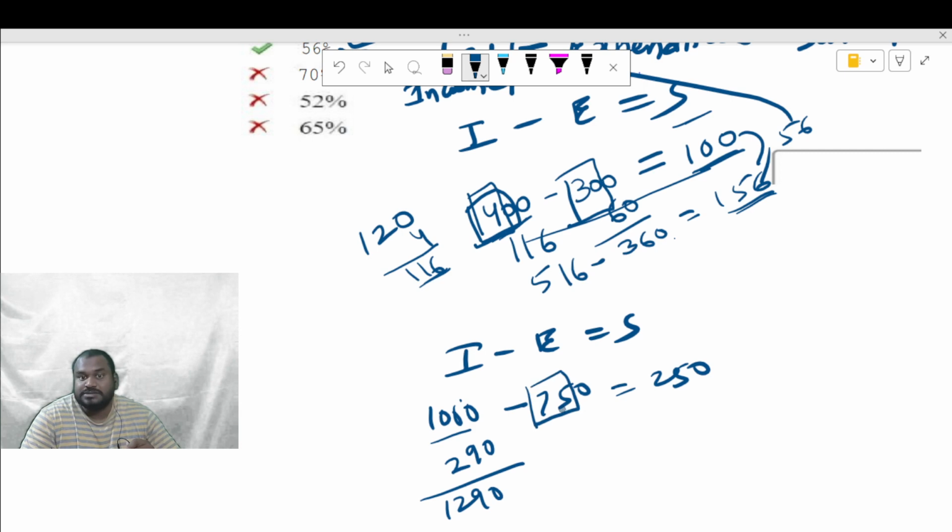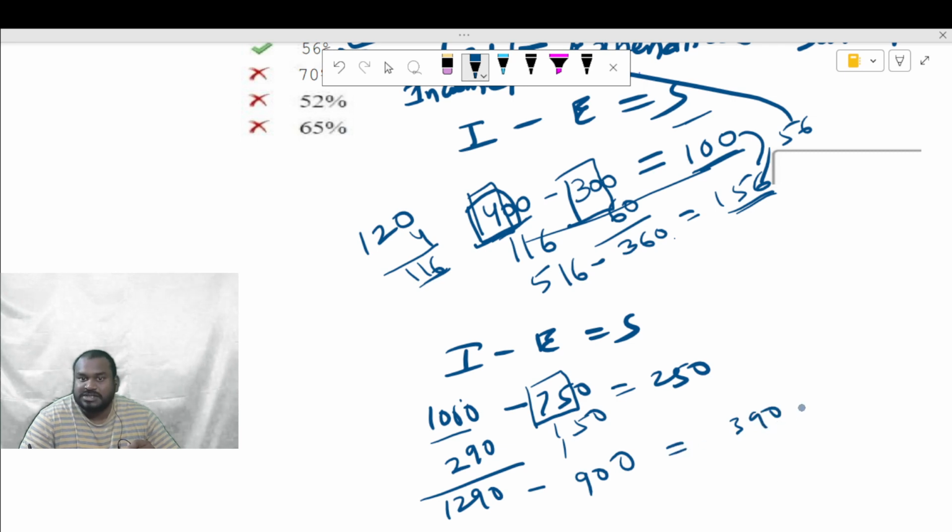It is increased by 20%. 75 into 2, 150, so you add 150 here and it becomes 900. 1290 minus 900. If you add 100, it is 1000. This 100 plus that 290, 390 here.